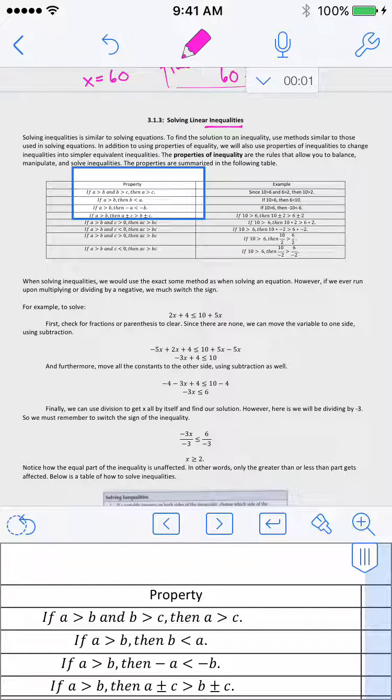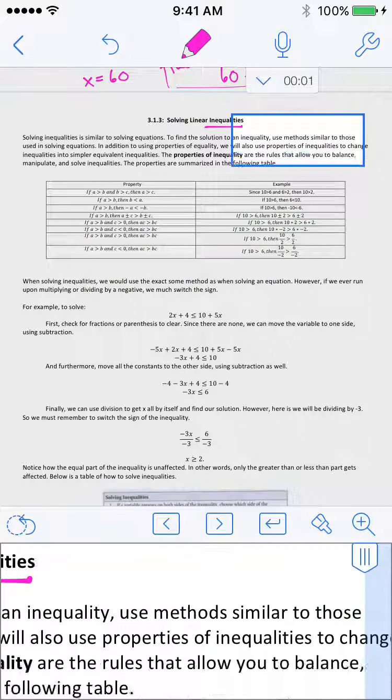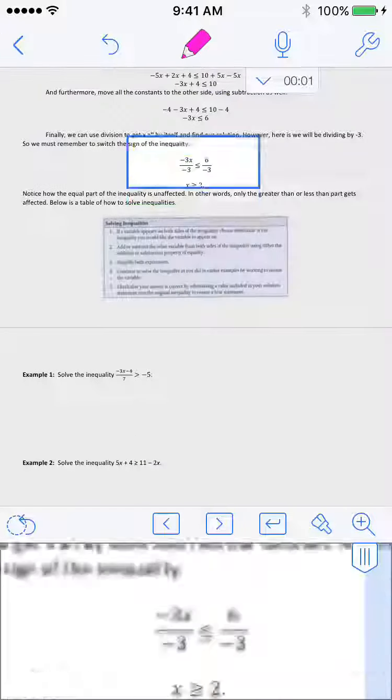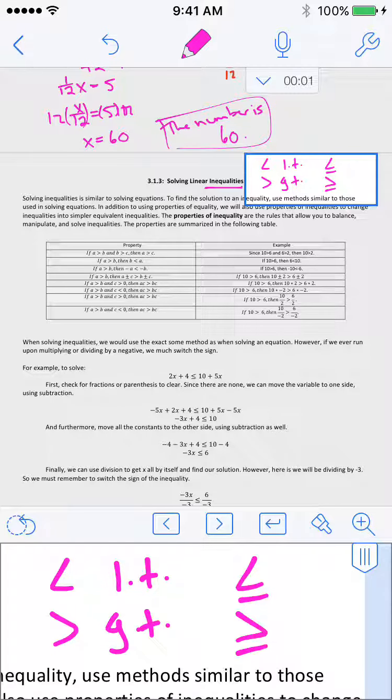Alrighty. So you've got some properties listed down here. You'll notice some things. But essentially, you've got 5 different inequality signs. There's less than, greater than, less than or equal to, greater than or equal to.